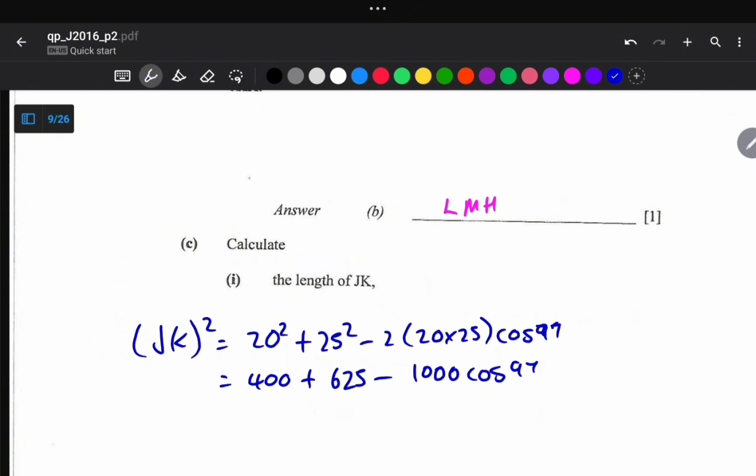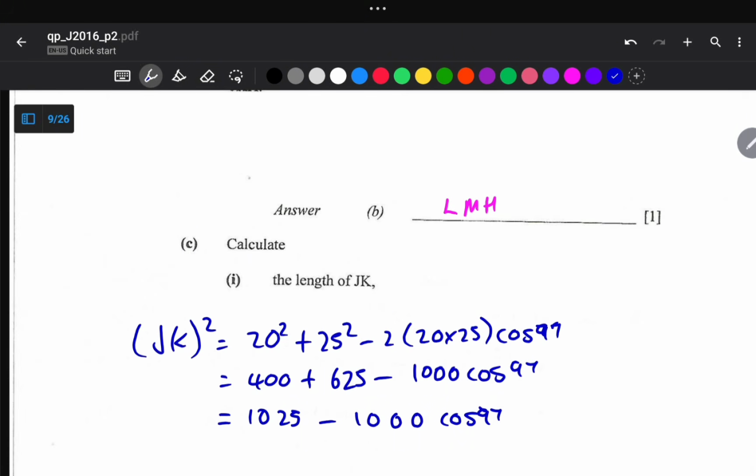So 400 plus 625 gives us 1025, minus 1000 cosine 97.